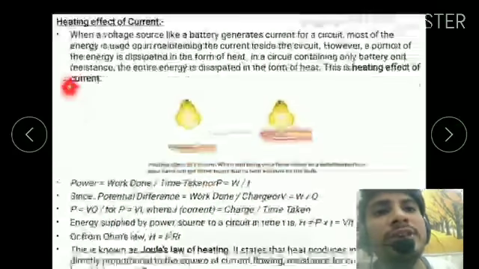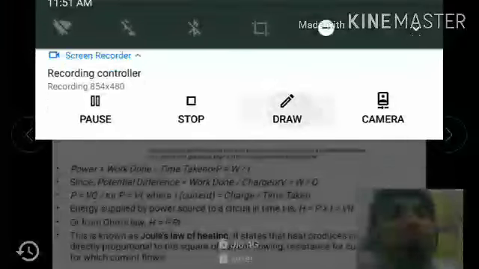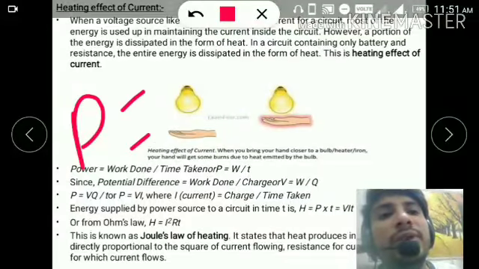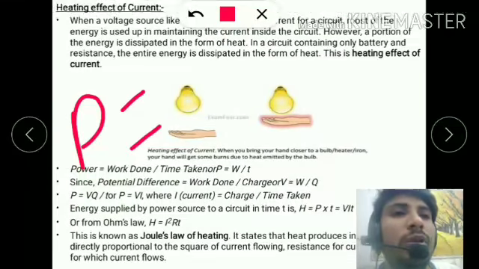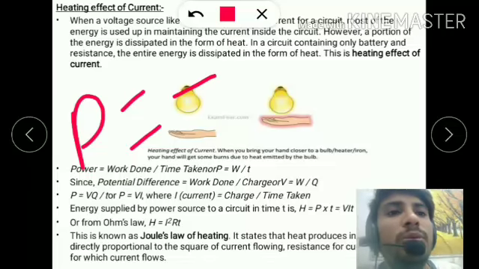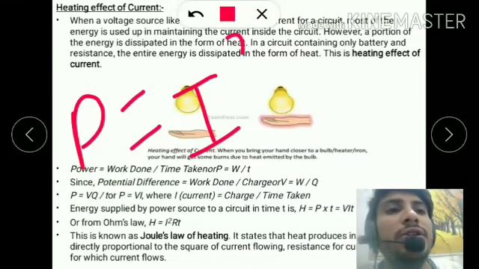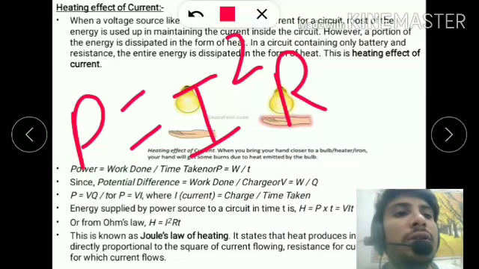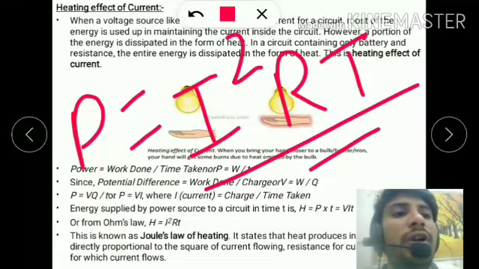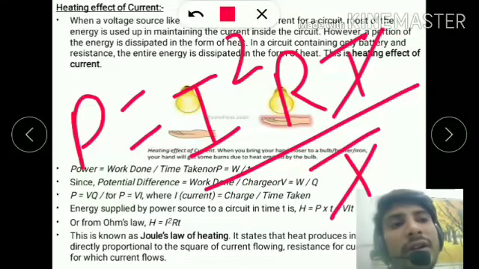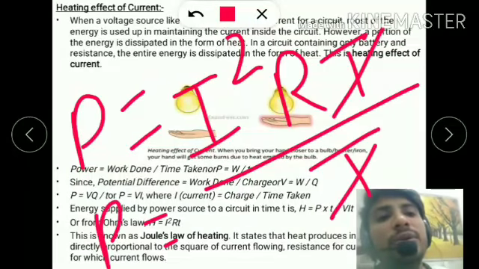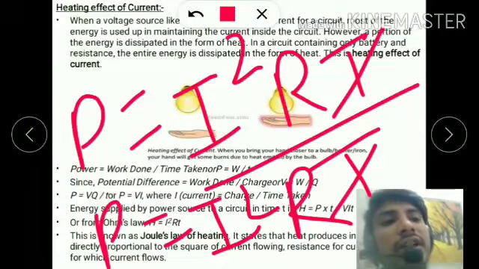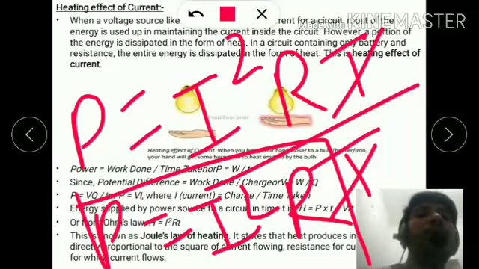Then the formula is P is equal to I square R T upon T. Then T cancels, and we get P is equal to I square R. That is another formula of power.